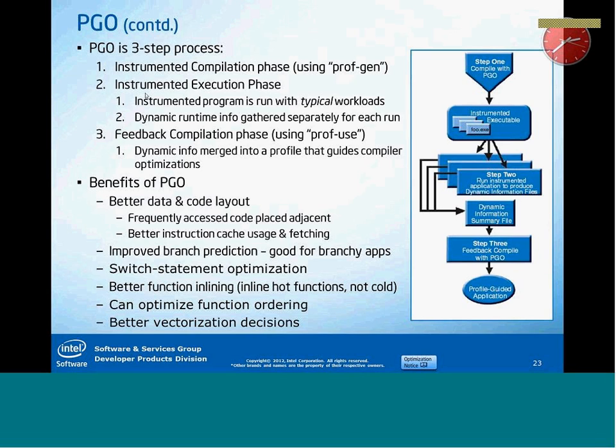So the benefits of PGO are quite obvious. It improves branch prediction for one, so it's very good for your branchy apps. It generates better data and code layout, meaning, for example, frequently accessed functions are placed adjacent to each other, which improves your instruction cache usage, fetching and decoding, and so on.